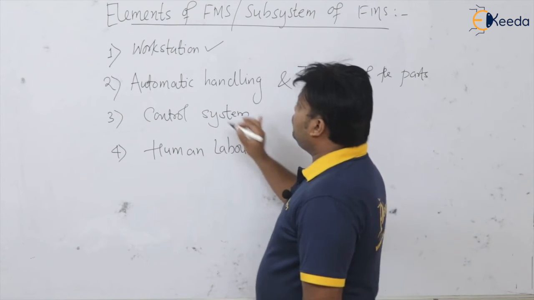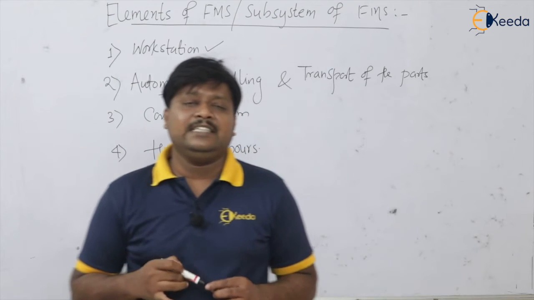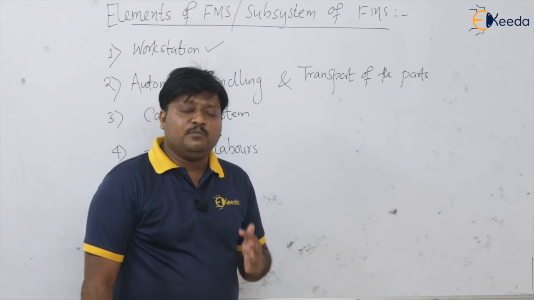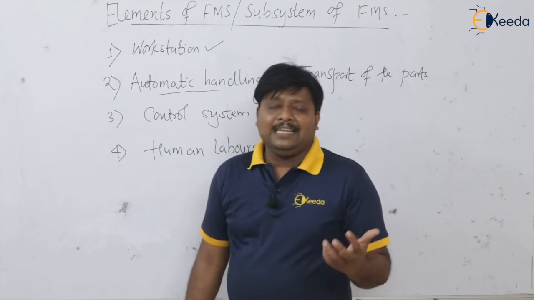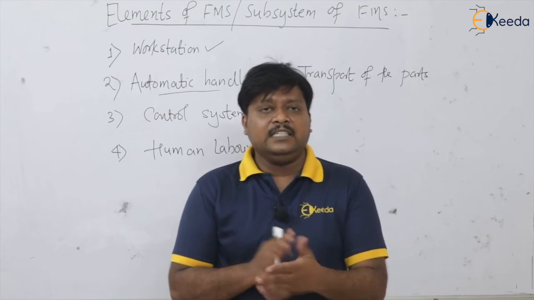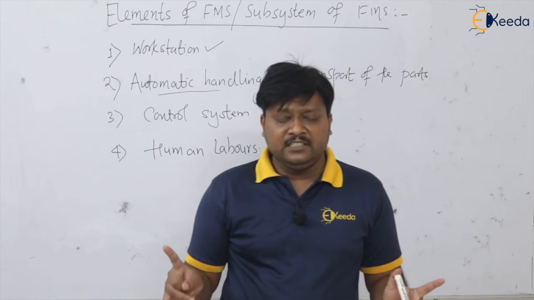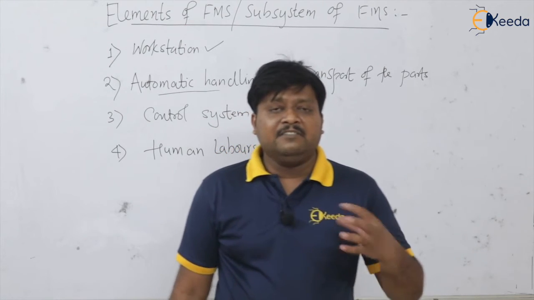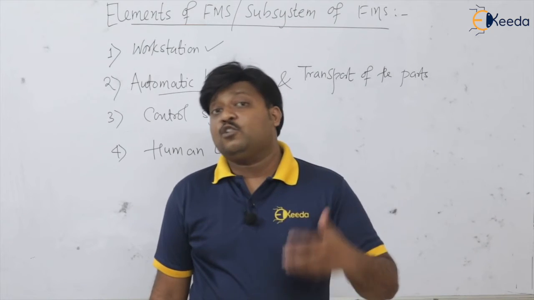Now, about the automatic handling and transport of the parts in the FMS, as I already discussed, material handling in the FMS has two functions. Number one, to move the part between the machines, and second, to orient the given workpiece for the operation on the machine tools automatically.